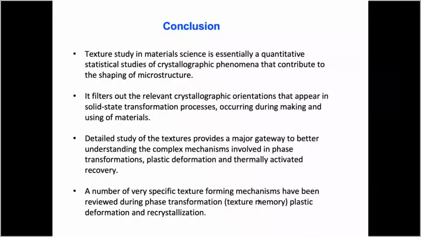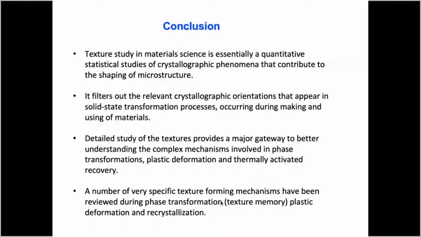So a texture is never made up by one single grain. A texture is made up by a distribution function, a statistical distribution function. And this is, in fact, a very important aspect of metallography. Microstructures are essentially statistical data. And texture allows us to deal with this in a very good quantitative way.